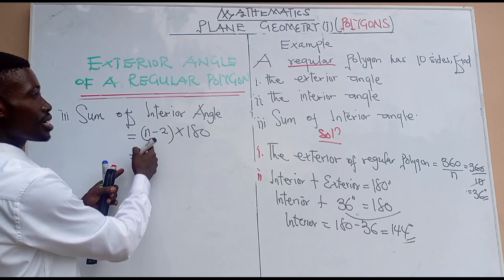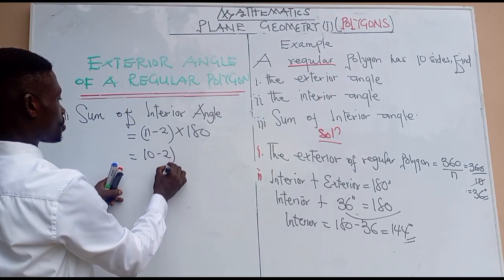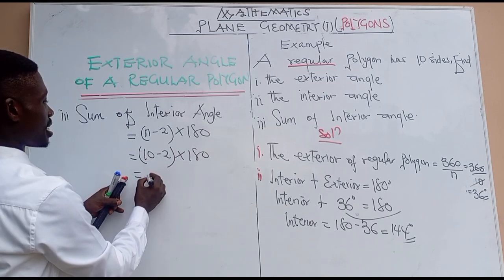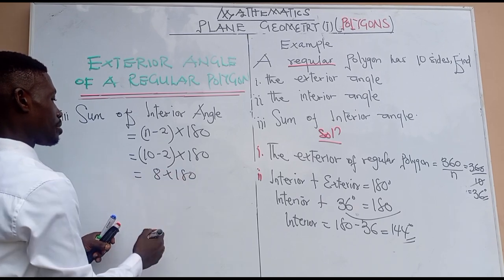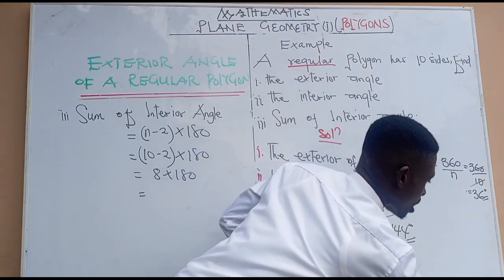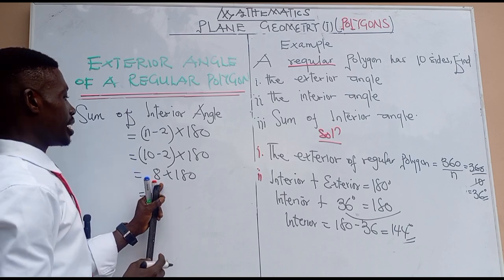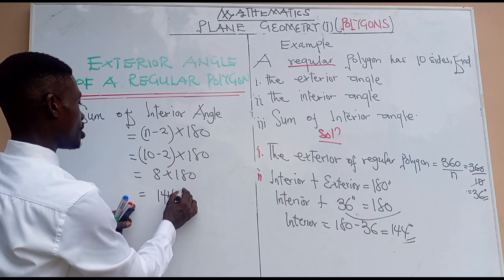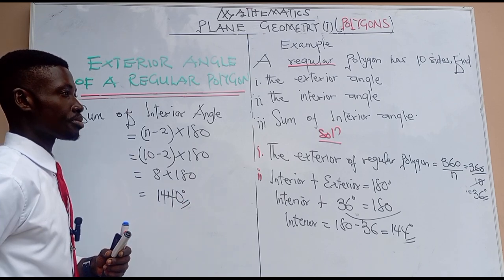Now we know that our n is what? 10. So we have 10 minus 2 times 180 degrees. 10 minus 2 gives us 8. 8 times 180, when you punch it on the calculator, I think you are having 1440 degrees. Very, very simple.